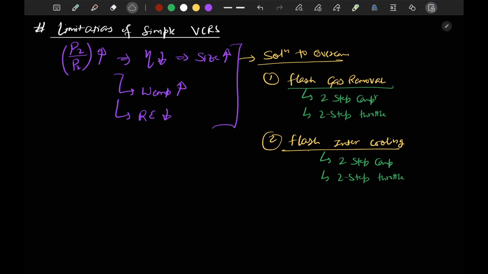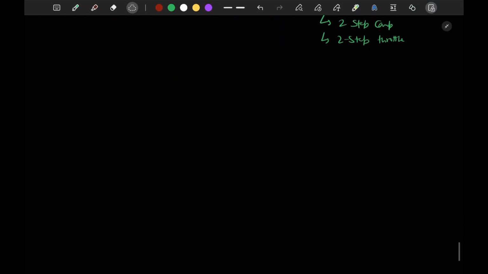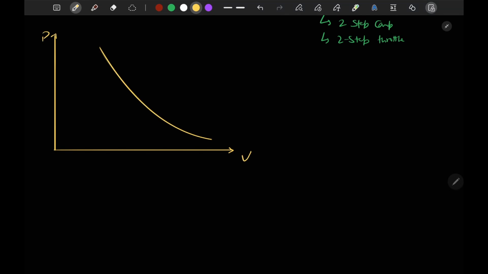But before that, when we talk about our compressor, as we will study in power plant, let's suppose a compression process. Let's say this is our PV chart, and this is our adiabatic compression from 1 to 2.